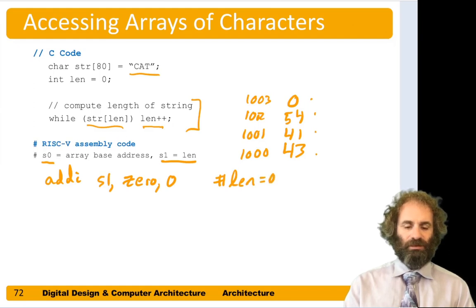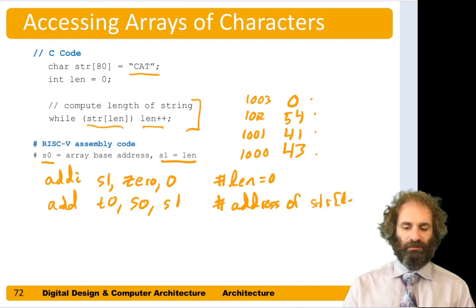Now we'll check the condition of the while. So we need to go into memory and read the value of str[len]. This example is showing us how to use load byte, and that byte offsets are not multiplied by 4 because the memory is byte addressed. So we'll add, let's say T0 gets the base address S0 plus the offset S1. It'll give us the address of str[len].